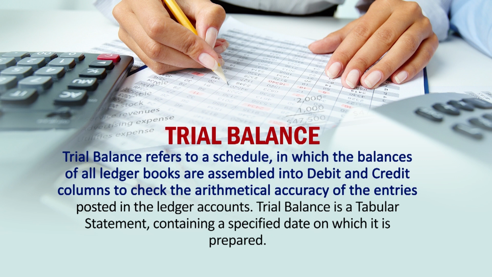So, this is very important: trial balance ensures the arithmetical accuracy of the entries posted in the ledger accounts. Trial balance is a tabular statement containing a specified date on which it is prepared. Well friends, while preparing the trial balance, we must be very clear that it is basically a statement which is prepared on a specified date.